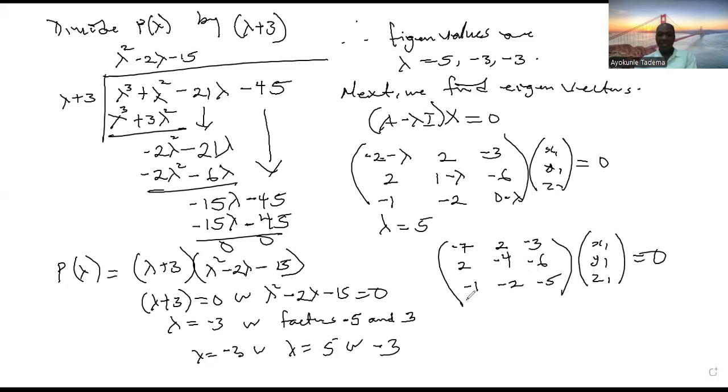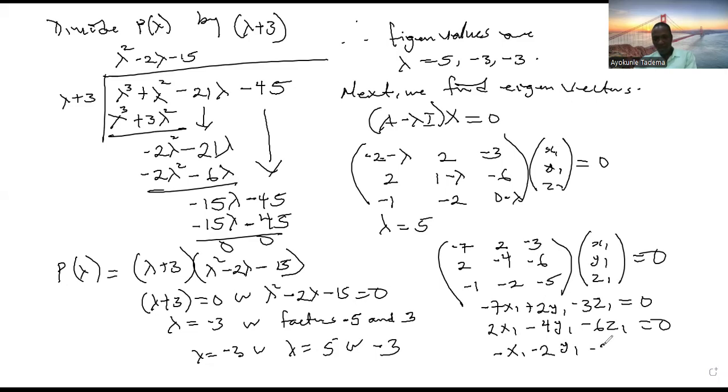Now just simplify this, and it will give us minus 7x1 plus 2y1 minus 3z1 equals 0; 2x1 minus 4y1 minus 6z1 equals 0; and the last one, minus x1 minus 2y1 minus 5z1 equals 0.